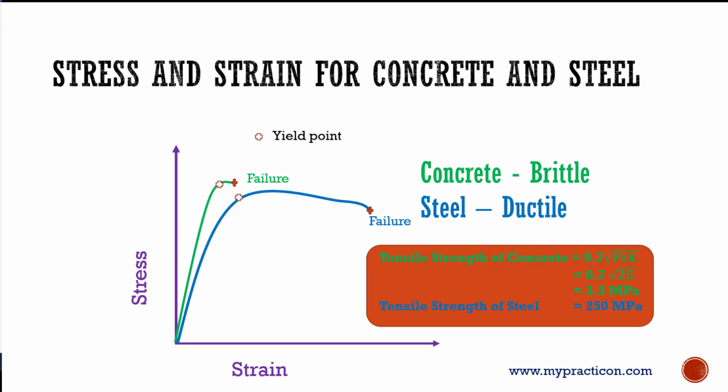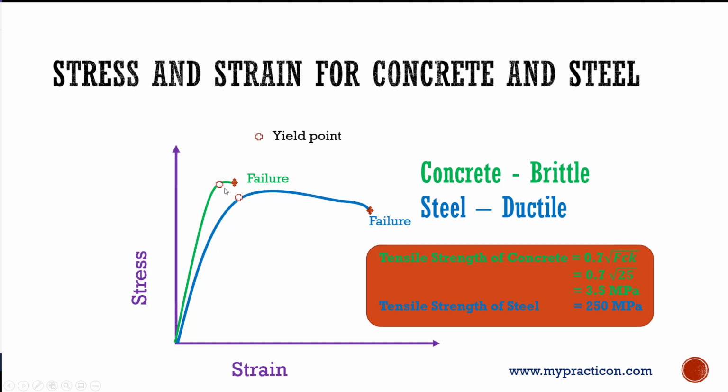Now come to the stress strain curves for concrete and steel. We all know concrete is a brittle material and steel is a ductile material. Based on the theoretical investigation, I superimposed the concrete curve and the steel curve. So how does it work in reality for the failure scenarios?